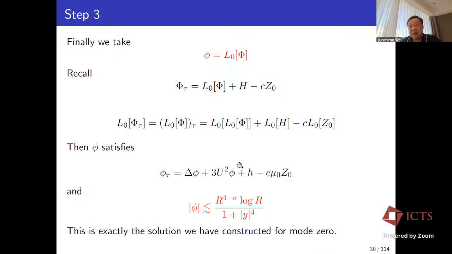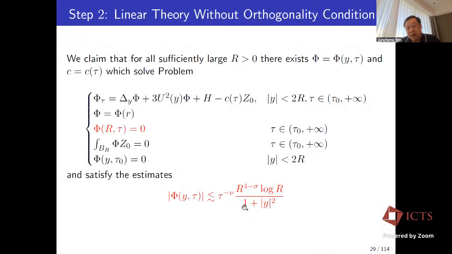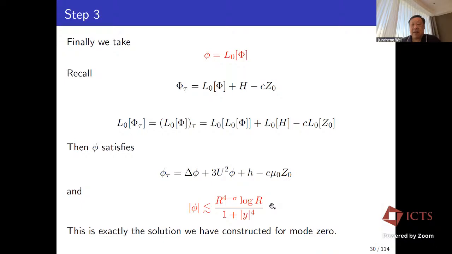So you get this plus h, and with the mu zero, since you are taking two derivatives in big phi, formally you get 1 over y to the 4. And this proves that this is exactly the solution we have constructed for mode zero.